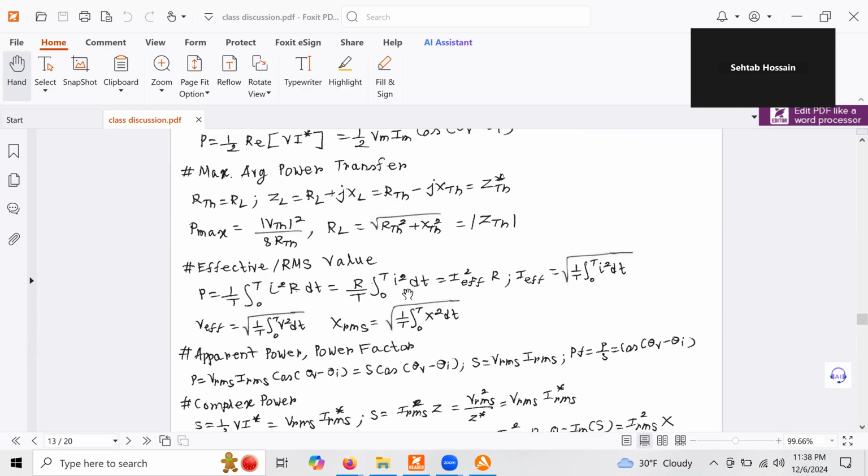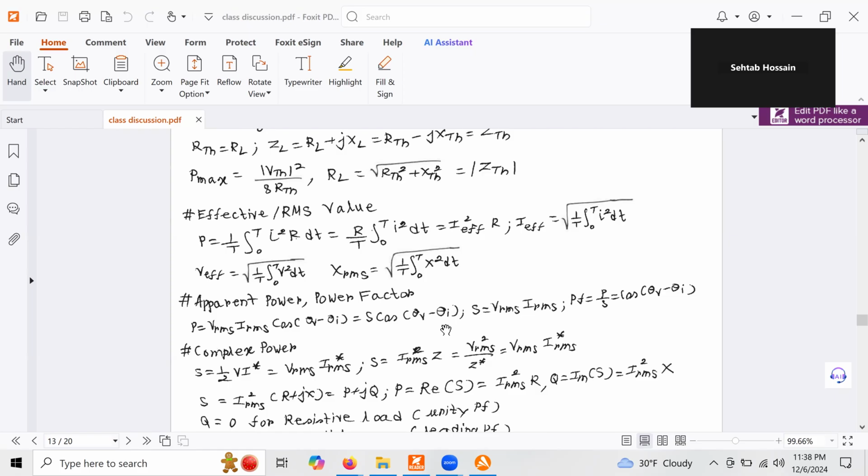Then we elaborate on these. R is a constant, so it comes out. Then we integrate I squared over here. So we get I effective in this format. V effective will also be in this format. So the RMS value of the source will be in this format.